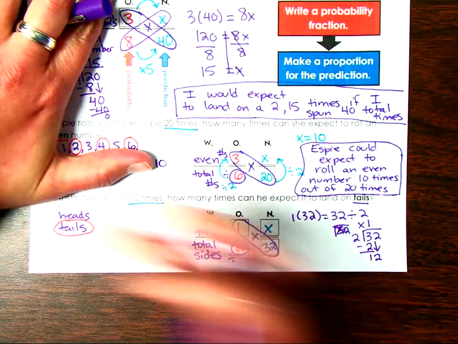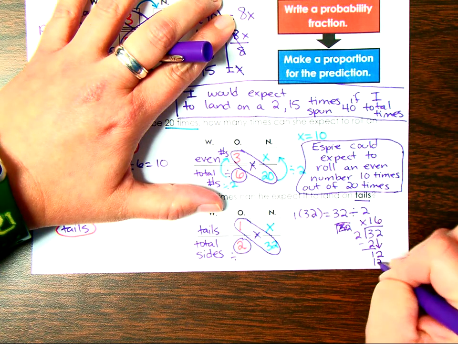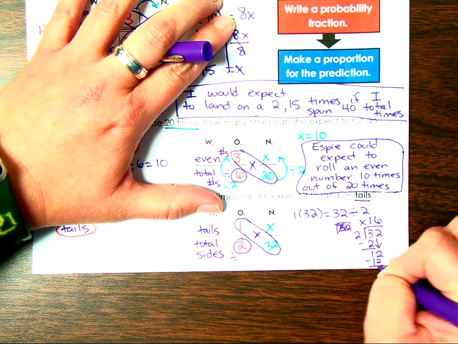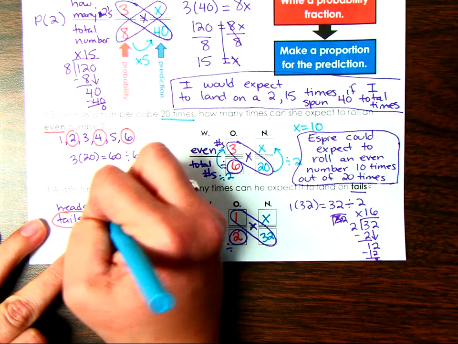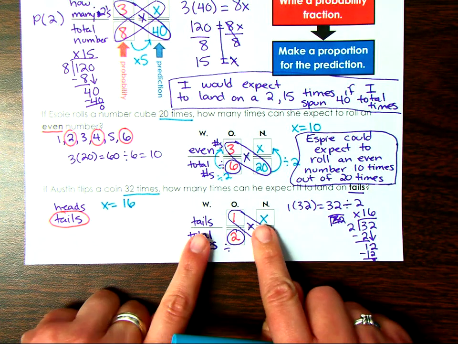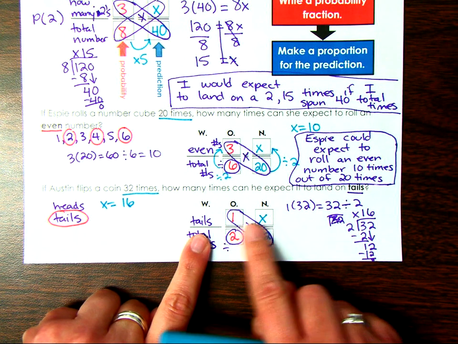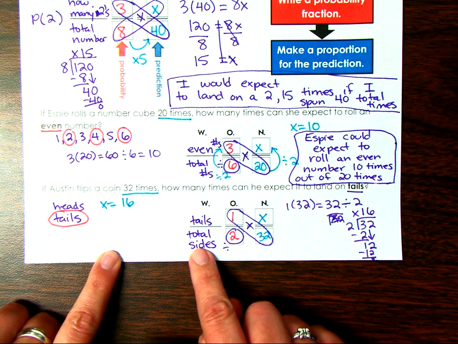And then 2 goes into 12 6 times. 6 times 2 is 12. Okay? That's supposed to be a 0. I just ran out of room. So x equals 16. But again, if you label this, this represents what you see. 16 times for tails out of 32 total sides, really meaning total flips in this one.